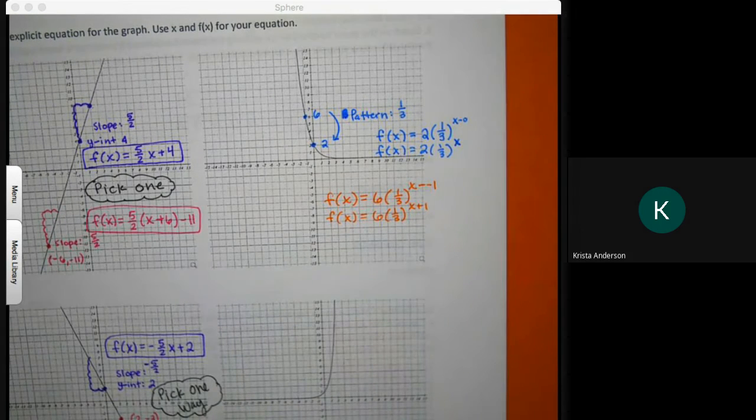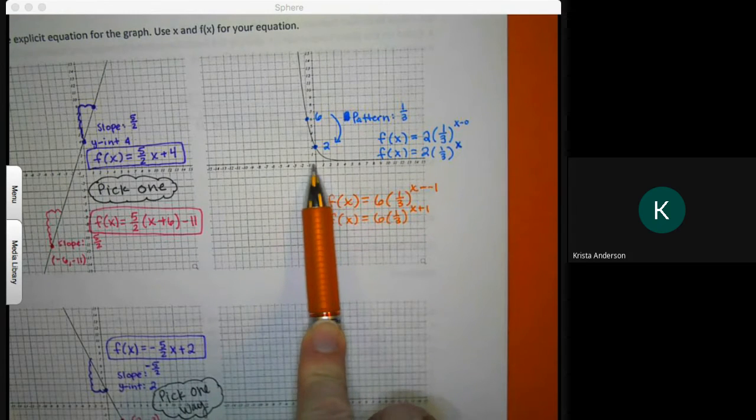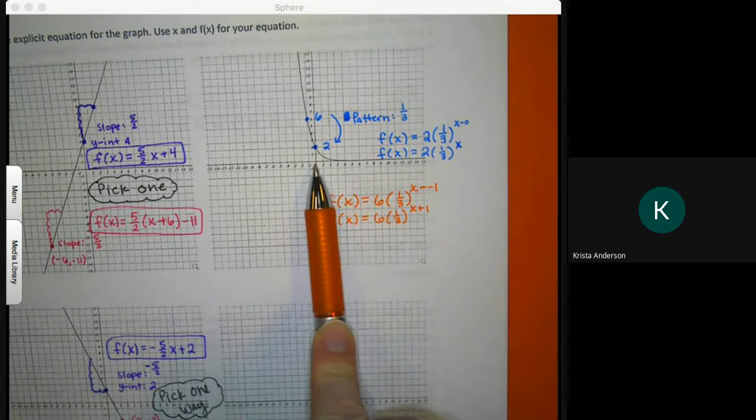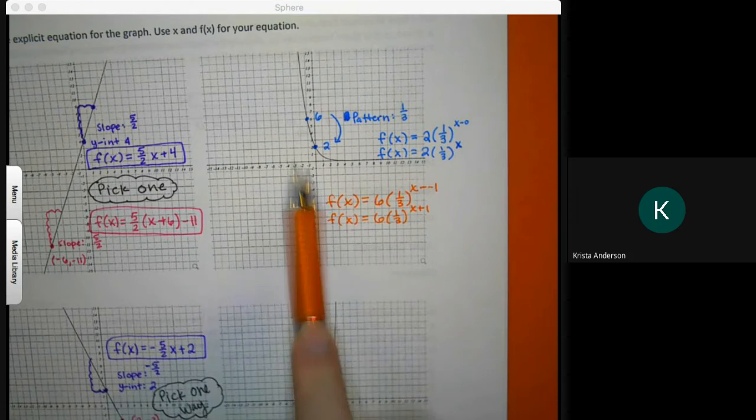So the x is just manipulated by where the blue point is. So if I pick the 2, x is manipulated by 0. It's not moved left or right at all. If I pick this 6, then I have to make sure I manipulate the x and say that it's opposite, so plus 1 to undo it.